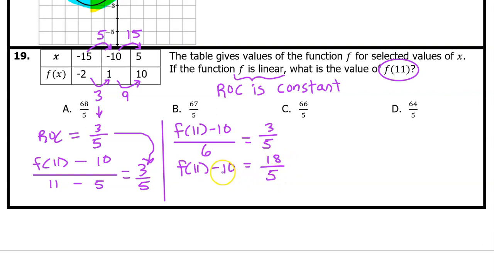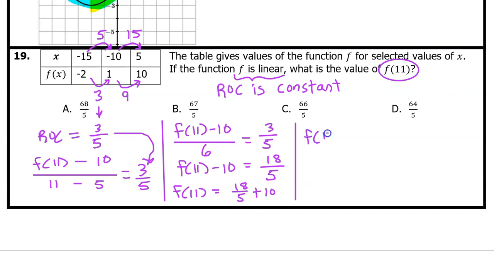Our last step is to add 10 to both sides. So that's going to give us f at 11 is equal to 18 over 5 plus 10. To actually add, we need like denominators.